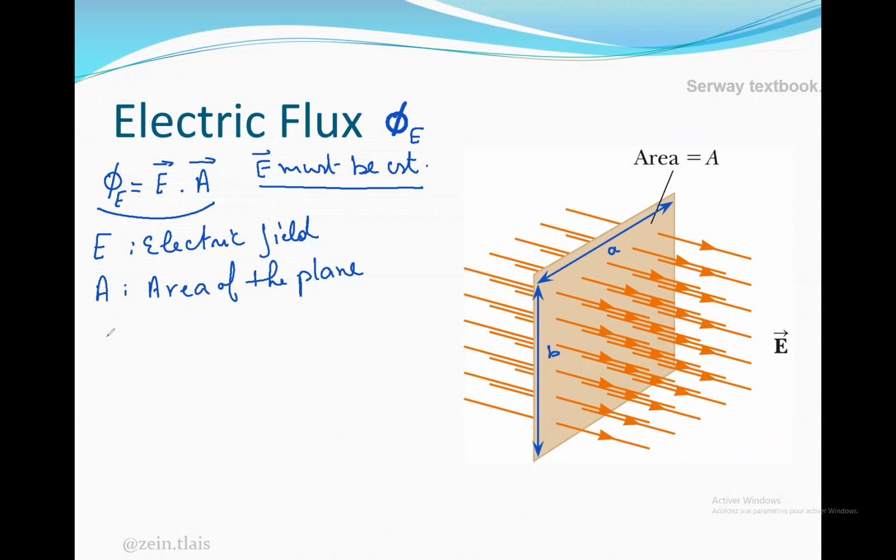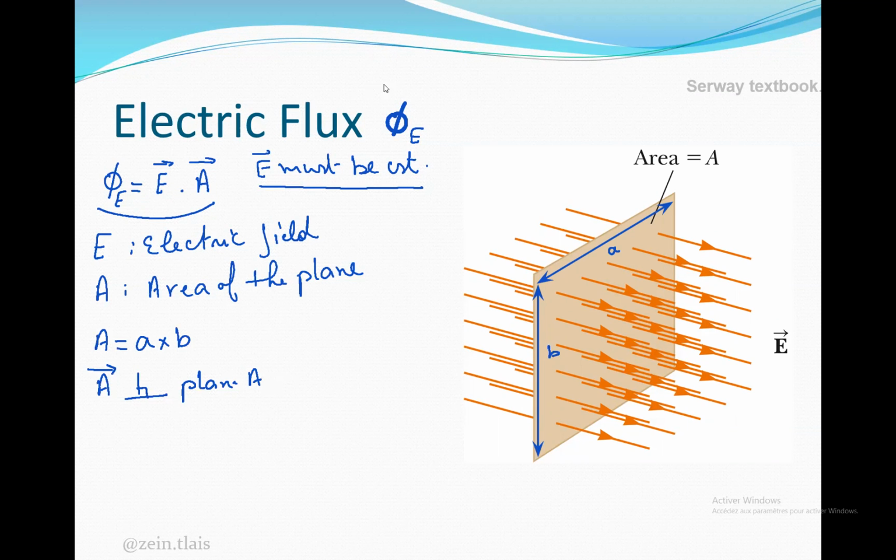So we can say the area A is equal to a times b. But the A vector must be perpendicular to the plane. I'm talking here about the direction of A. A must be perpendicular to the plane.